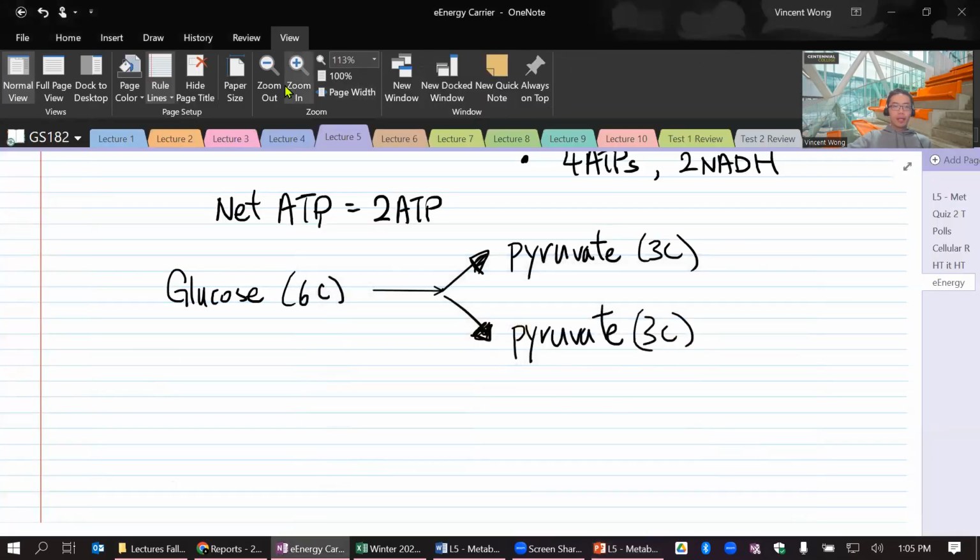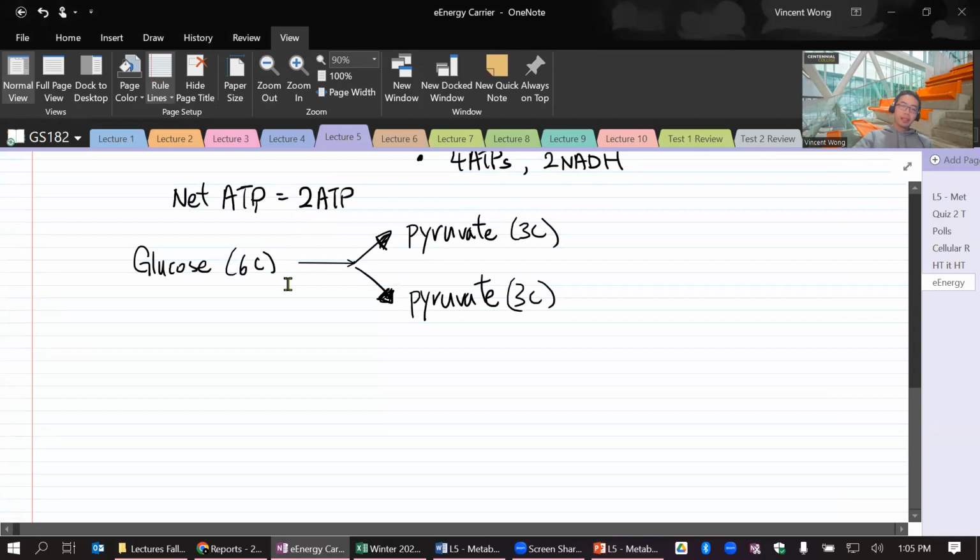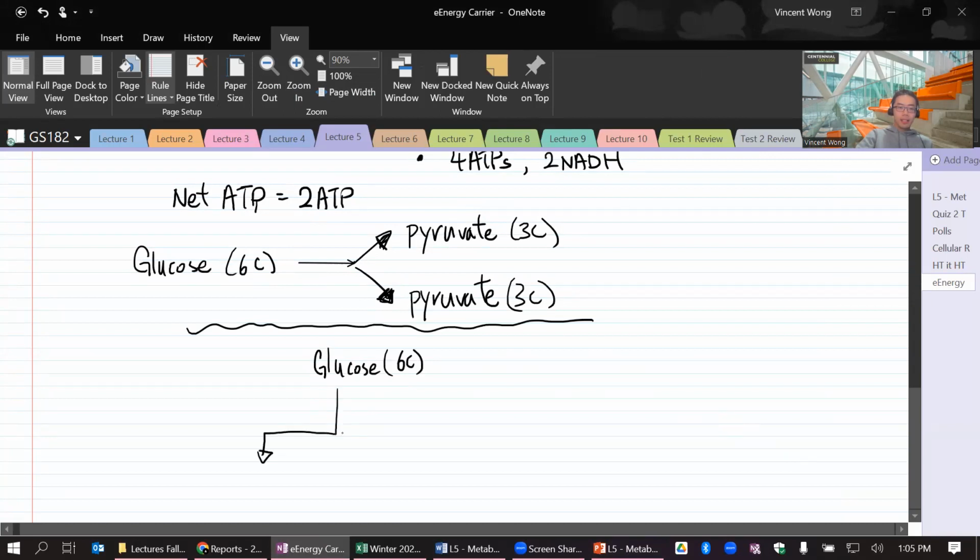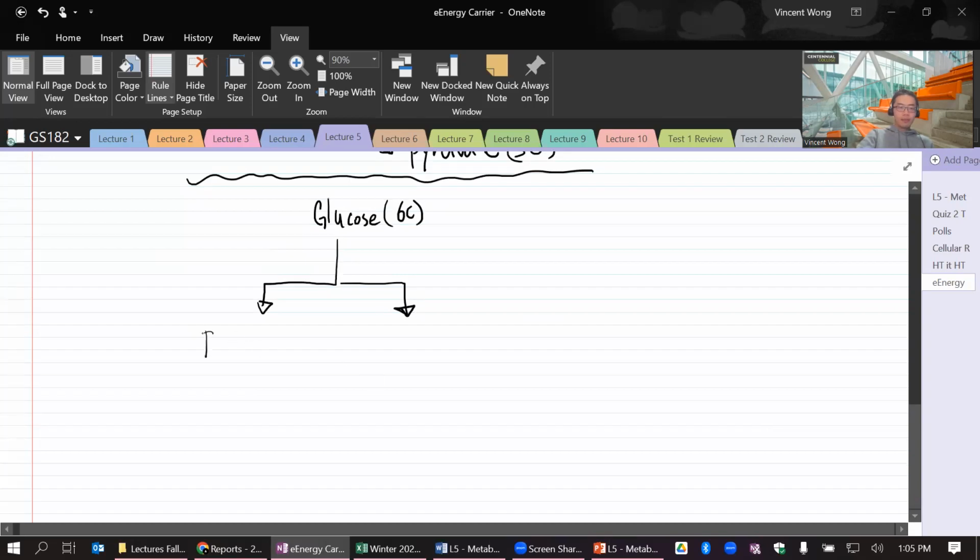All right, we're going to move on to the next part. Let me just rewrite this for you so it'll be easier to follow. Let's put a break here. We started with the glucose, which has 6 carbons, and then it's going to split into 2 pyruvate, right?